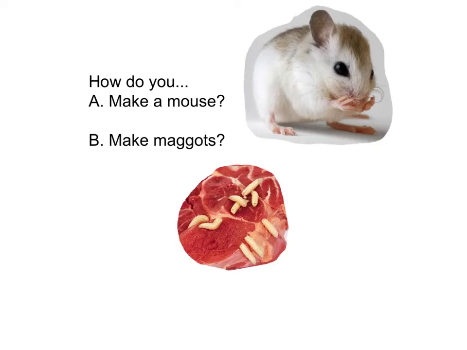Okay, I want to just review the lesson Life from Life from the second week of our life science course. And this lesson began with the strange questions: how do you make a mouse, and how do you make maggots? These are strange questions to us nowadays, because we know that we can't make mice and we can't make maggots.